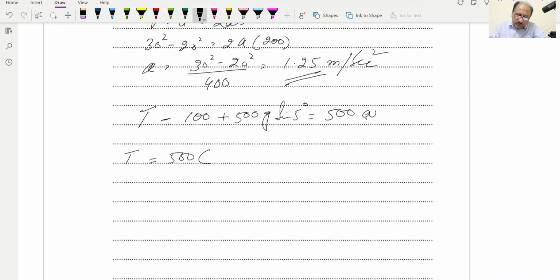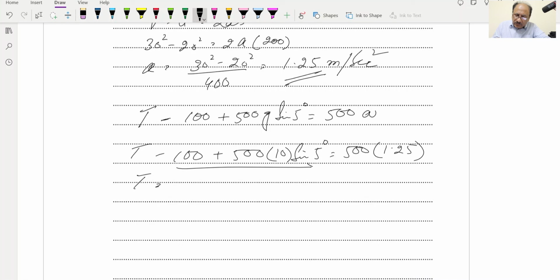What we can do is replace in this equation first: minus 100 plus 500 into 10, sine of 5 degrees, is equal to 500 into 1.25. So after replacing values, we'll directly get tension. Tension will be equal to, shifting these terms to the other side, 500 into 1.25 plus 100 minus 500 into 10 sine of 5 degrees.